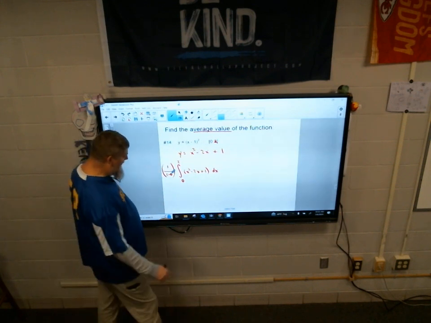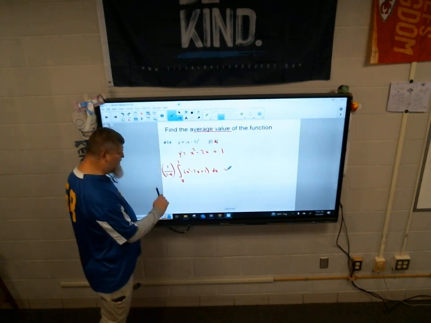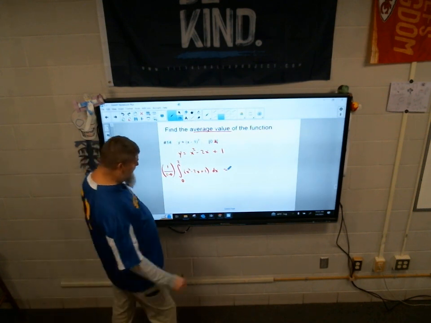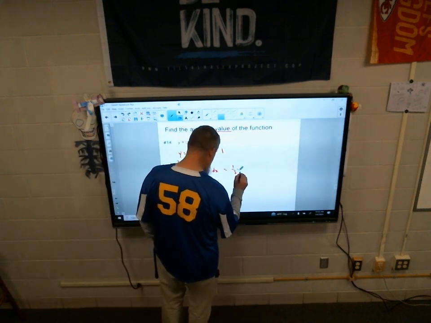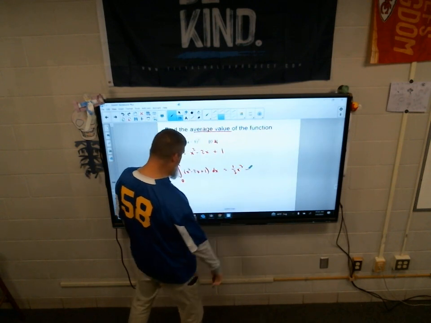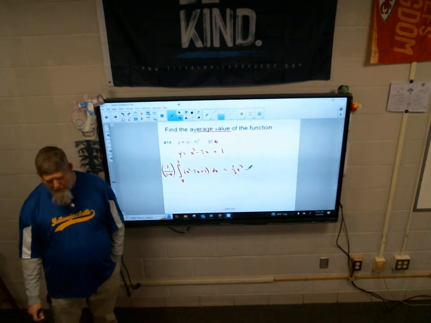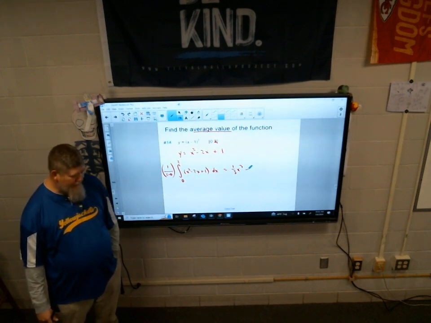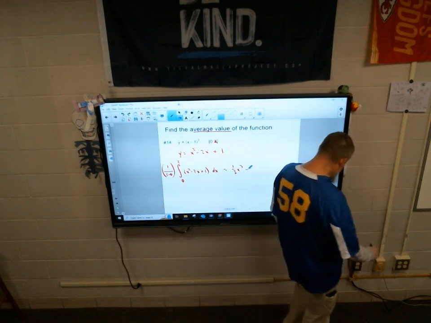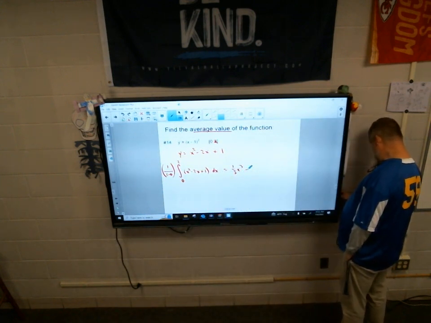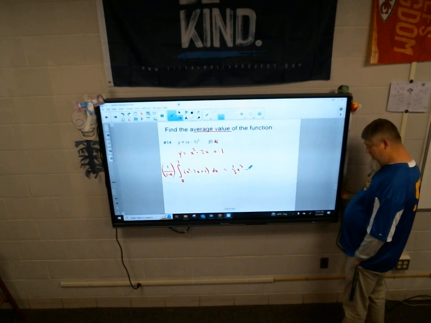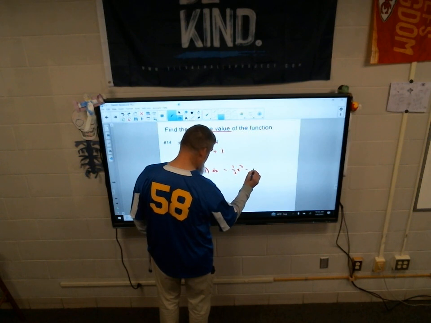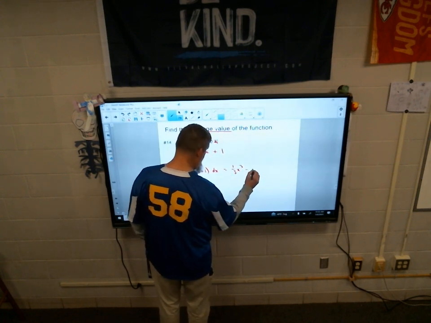Alright, antiderivative. What's the antiderivative of x squared? 1/3 x cubed. Minus, what's the antiderivative of 2x? Be careful. 1x squared, and I'm not even gonna put the 1 in there, I'm just gonna put in x squared.